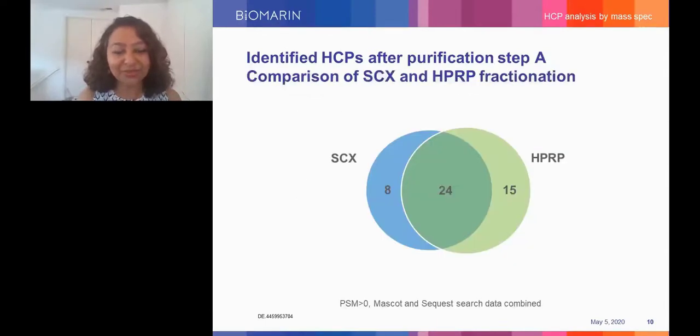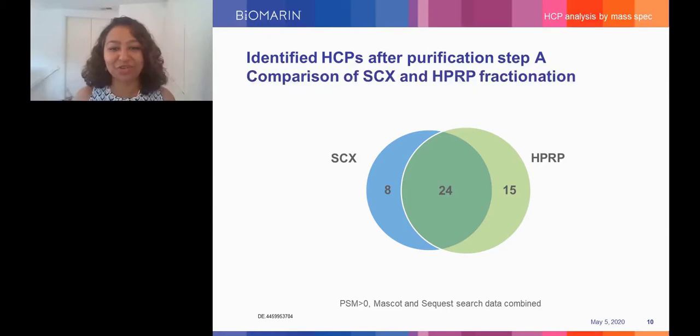But going on to how we can use these technologies, the comparison of SCX to HPRP is shown here. And even if you combine Mascot and Sequest or Byonic, your favorite search engines, and put together a Venn diagram of all the proteins that you've identified that are not the drug that's being manufactured, so they're all the host cell proteins, then you can see that depending on the first dimensional method, you get different amounts of proteins.